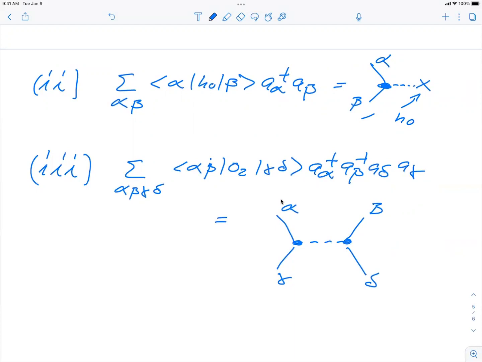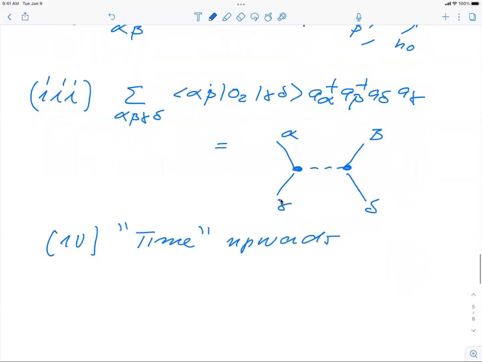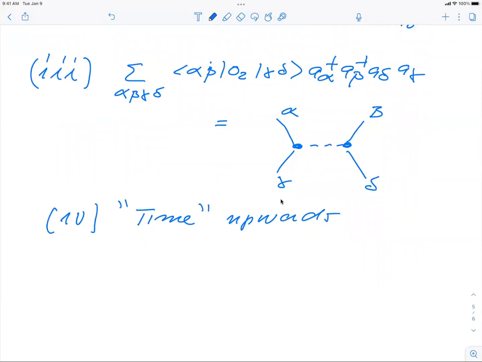So this is one of the ways you can read these specific matrix elements. There are some additional rules here. Time moves upwards. You will also see these diagrams being tilted, and that means that time moves sideways if you want to introduce time.